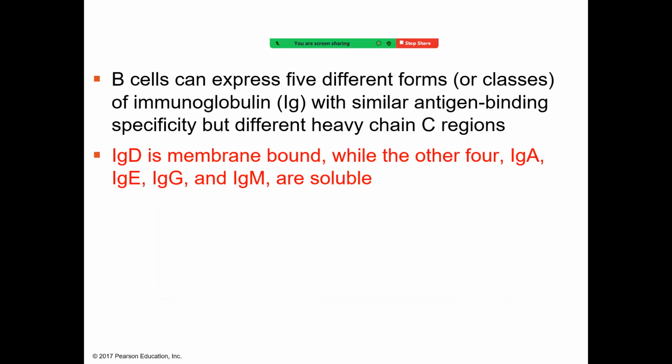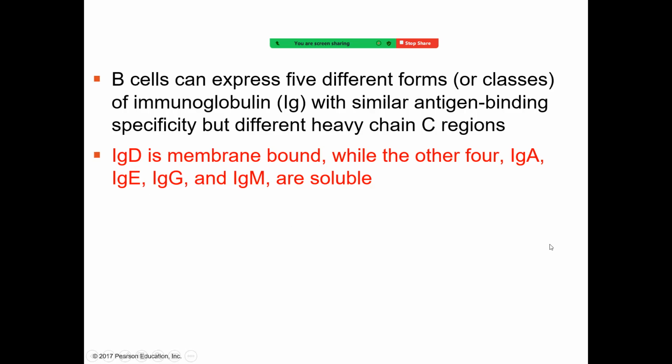So B cells, as I mentioned a while ago, produce different classes of antibodies, or immunoglobulins, they're called. They are similar, but they have different heavy chain constant regions. That's what makes them different. There are 5 of them. IgD is membrane bound, so it's not going to be floating around.